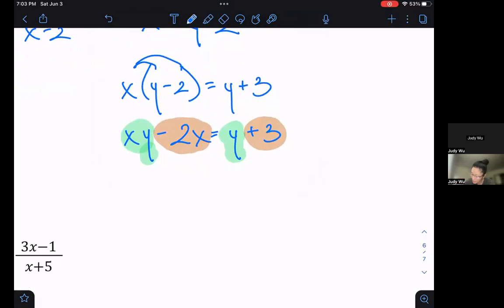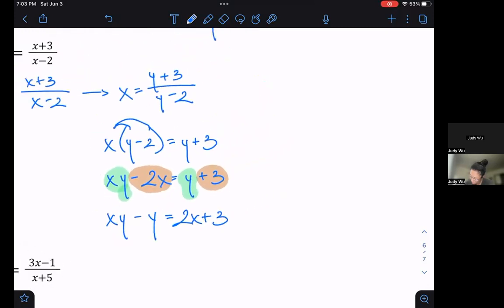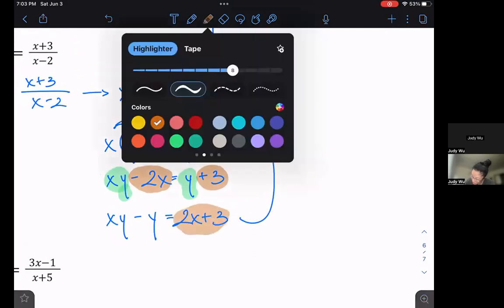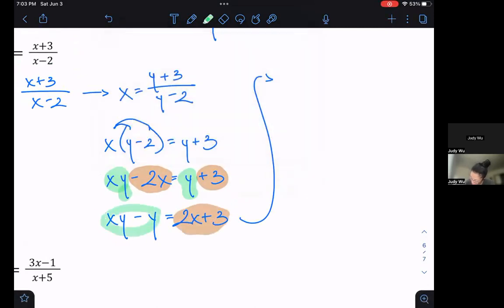So in this case, I'm going to take this y and subtract it to this side, and I'm going to take this 2x and add it over here. So I get xy minus y equals 2x plus 3.